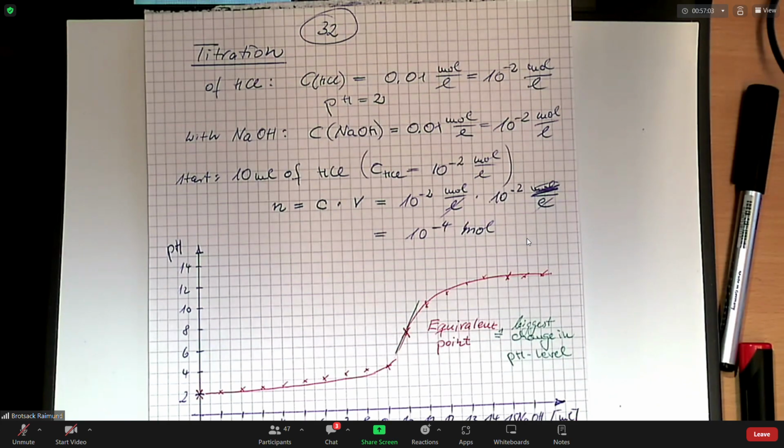It's not creating as many OH minus as the strong alkali. If we use a strong alkali and we titrate with an acid, it's vice versa. We start at a high pH level and then it will drop. If we have a strong alkali and add a weak acid, we will need even more until the pH comes down again.